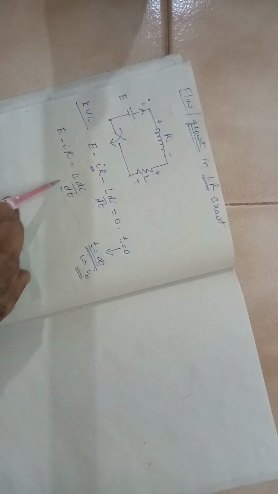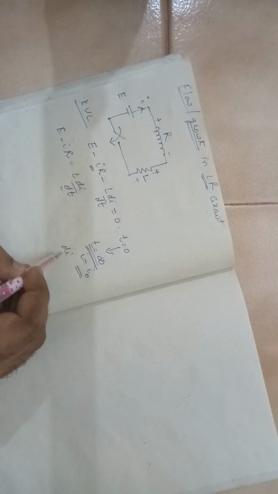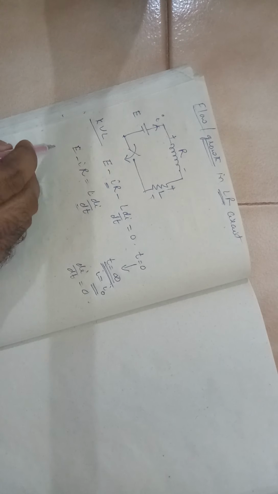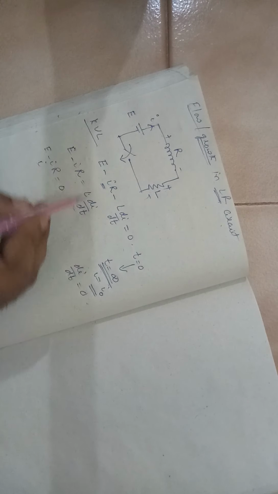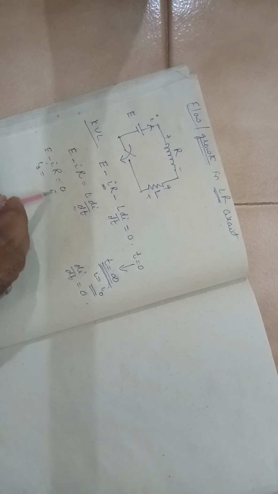Will there be any further change in current? There won't be any change in current. So we can say that di by dt at that instant will be equal to 0. Therefore, put in this equation, E minus IR is equal to 0, or I at that instant of time, I0, will be equal to E by R.